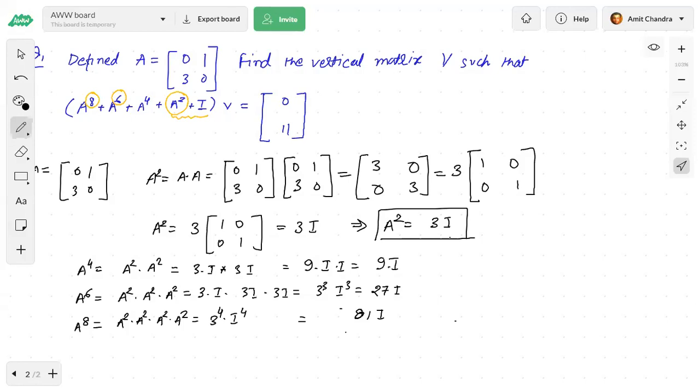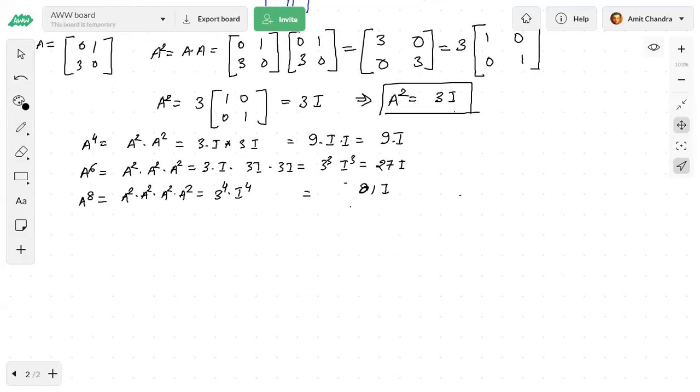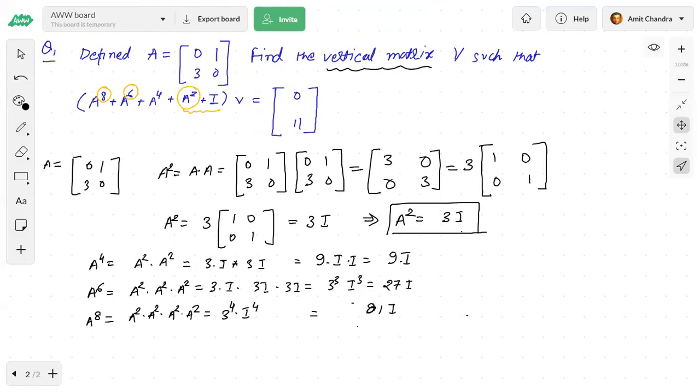Okay. So now they have given that this whole sum is multiplied into some vertical matrix, such that you are getting this. Now let's look at the question once again. So they have given a to the power 6. Now see, all these matrices are square matrices of 2 cross 2, right?